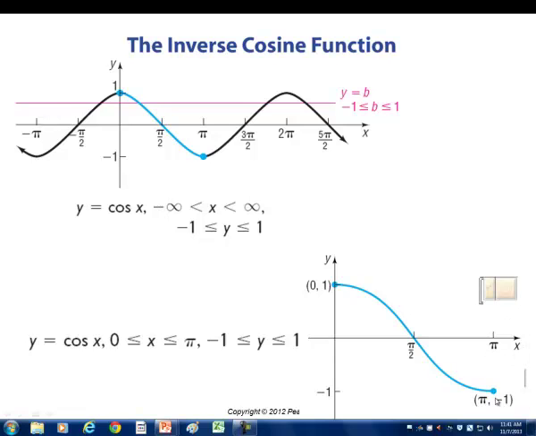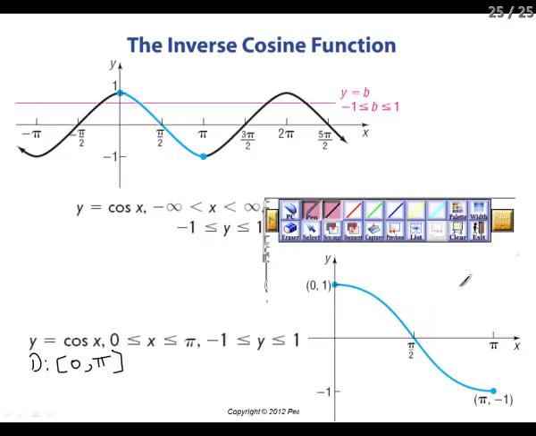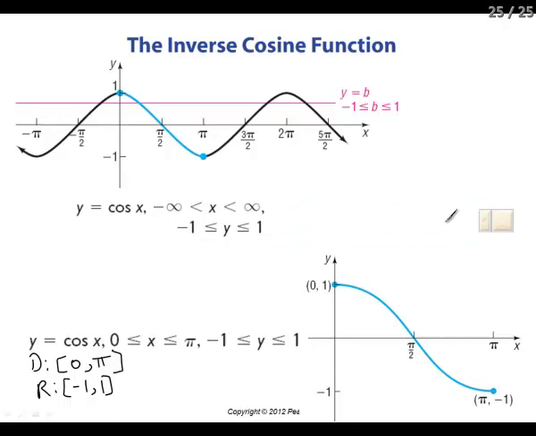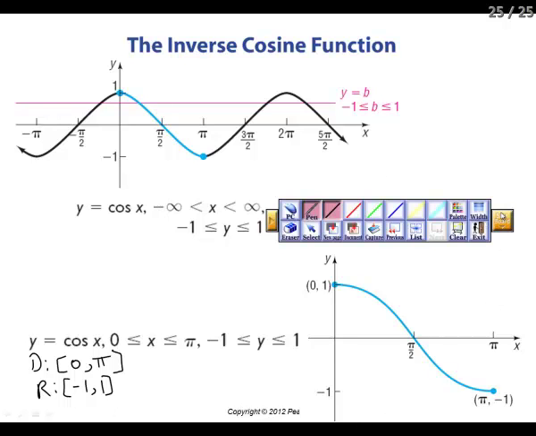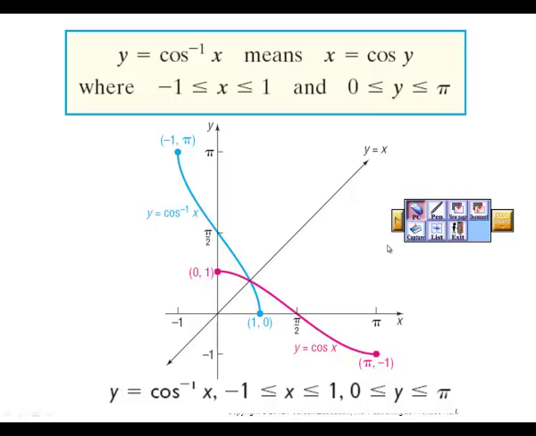So therefore, our domain for cosine is going to be from 0 to pi. And we can see here that our range, well, what do you think that is? You should have said our range is from -1 to +1. And so our inverse cosine is going to be switched.